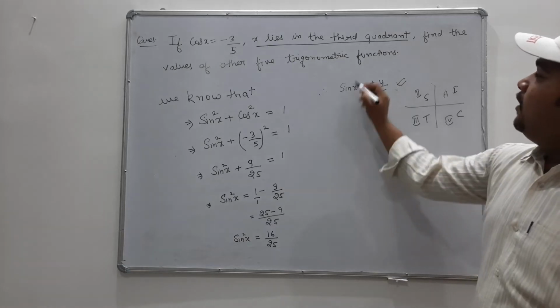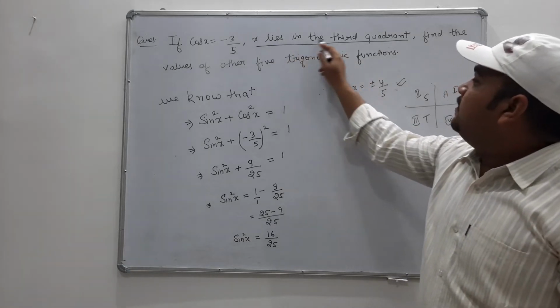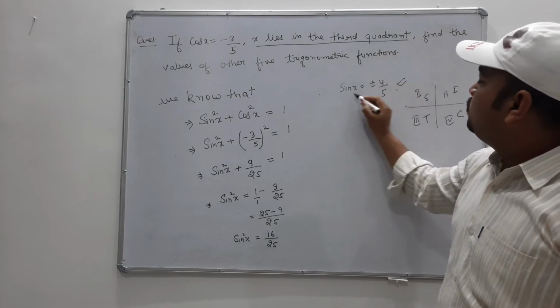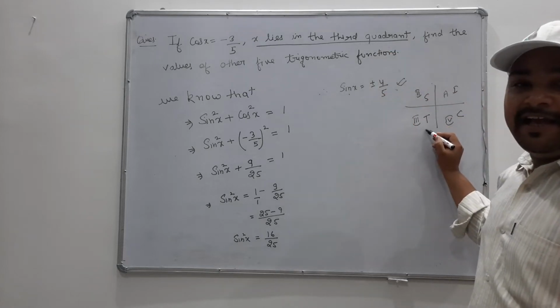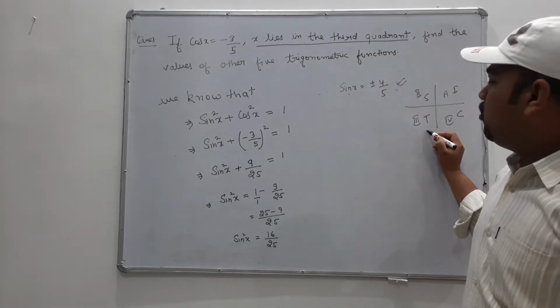So here x lies in the third quadrant, so sin x is negative in third quadrant.